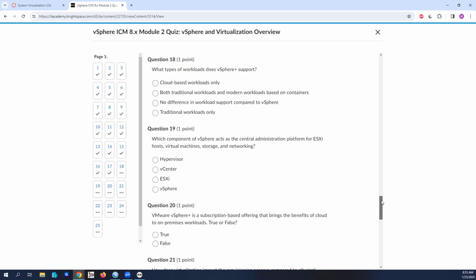Okay, we're back to vSphere Plus support. What types of workload does vSphere Plus support?